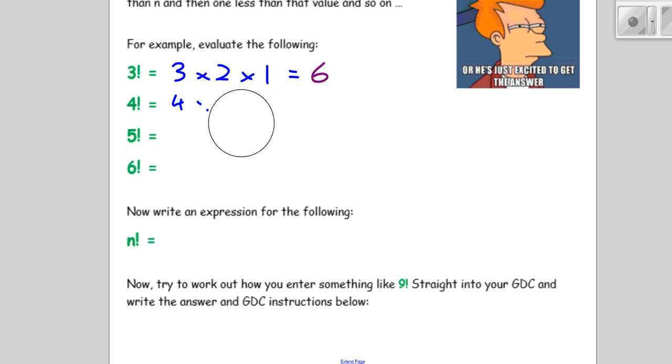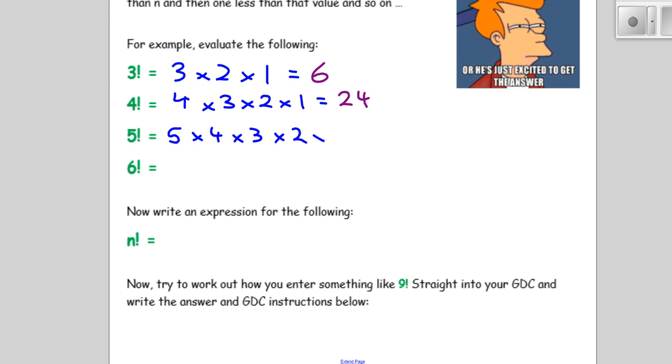Just go through and work them all out if you want. Oops, what did I miss?